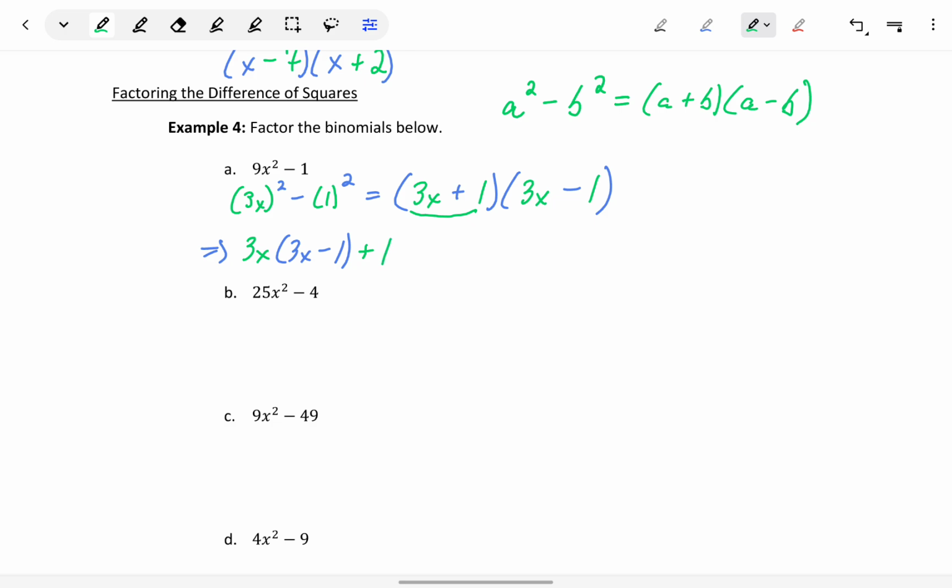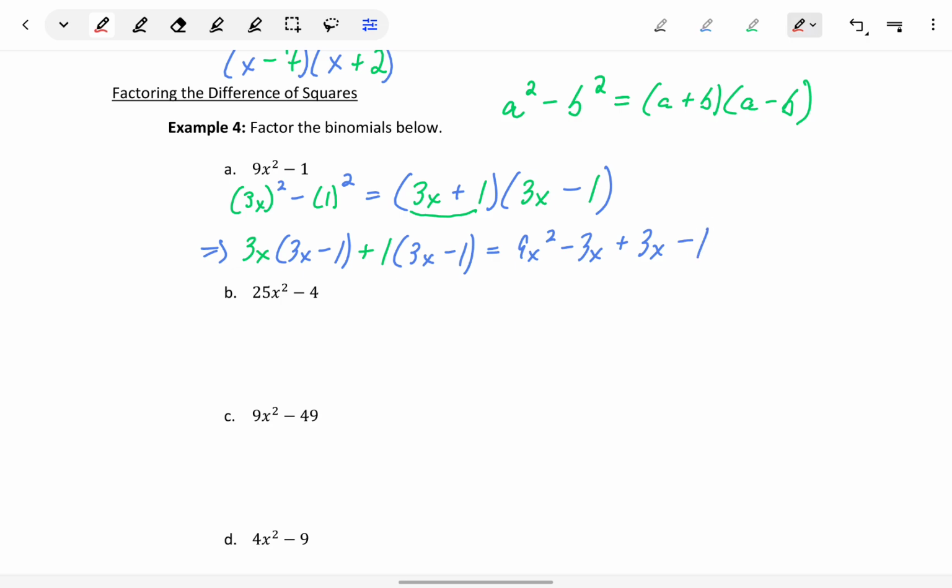And then we can take our second factor from that first binomial times the second binomial, meaning we can expand this out, which will give us 9x squared minus 3x. Then distributing the 1 through will give us 3x minus 1.